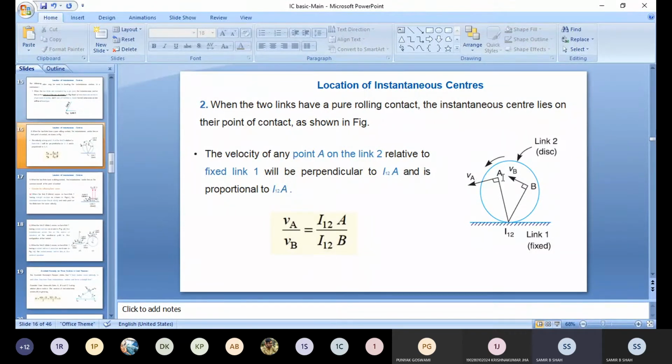From these four quantities, any three are given to you, so you can find the fourth unknown.